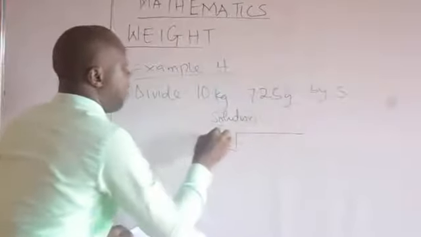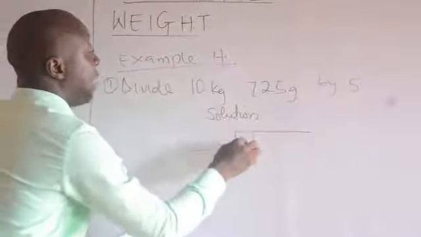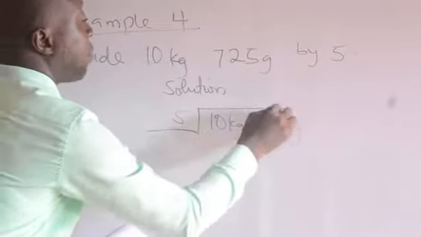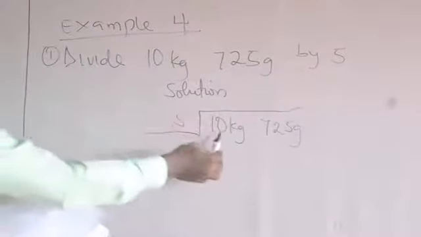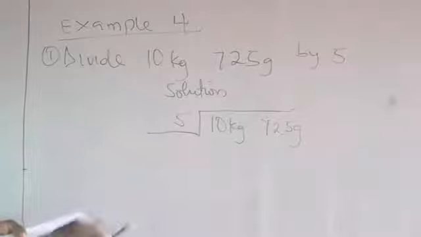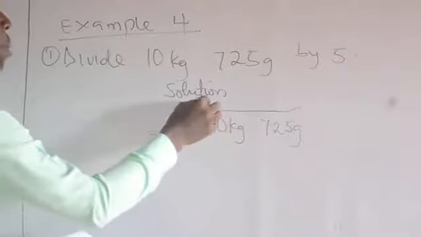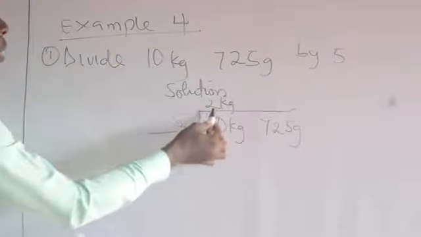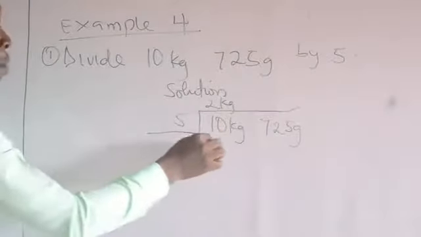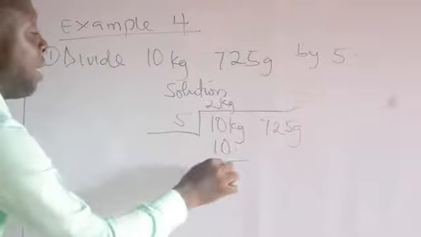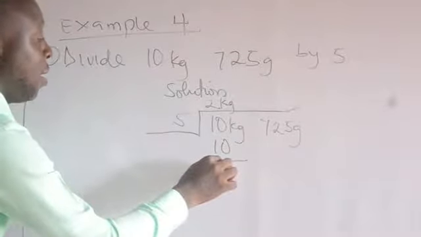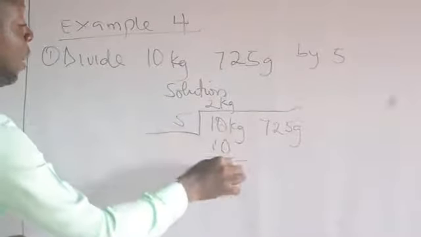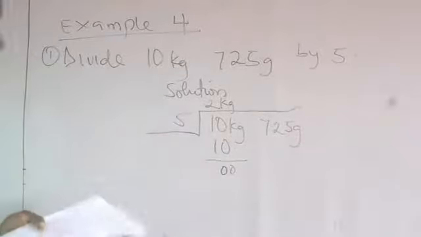Then we'll place our 5 outside and our 10 kilogram 725 gram inside. So 10 divided by 5 will give us 2, and 2 will now be in kilogram. 2 multiplied by 5 will give us 10. And 10 minus 10 will give us 0.